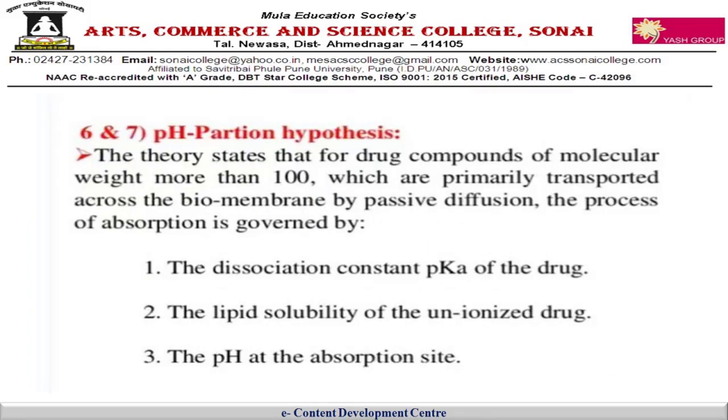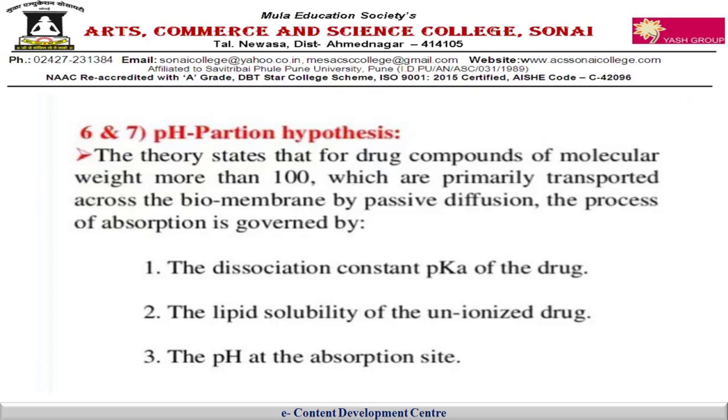So next factor, pH-partition hypothesis. The theory states that for drug compounds of molecular weight more than 100, which are primarily transported across the biomembrane by passive diffusion, the process of absorption is governed by, first, the dissociation constant pKa of a drug.